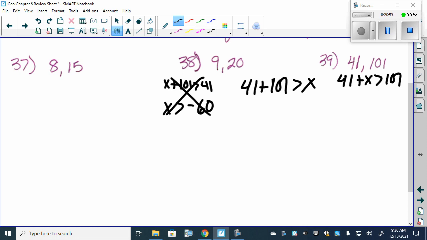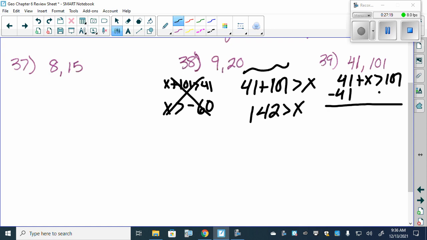Well, for our first one, I can do 101 plus 41, which will tell us that x is going to be less than 142. So we're saying x cannot be greater than 142, because if x is greater than 142, then the sum of these two sides is not going to be greater than the third side. Over here, we do have to do some solving.